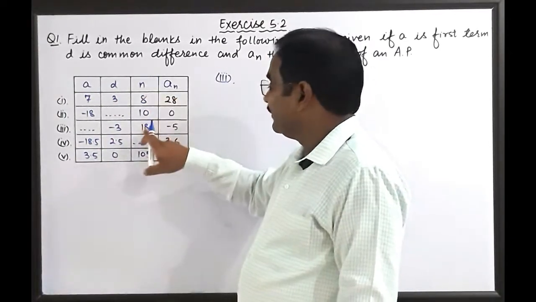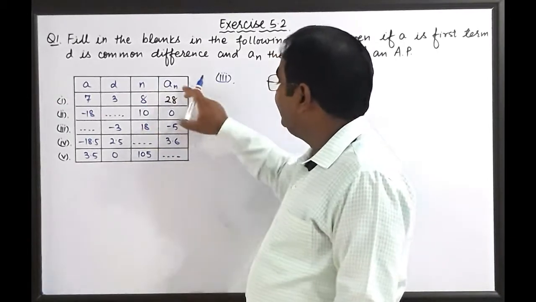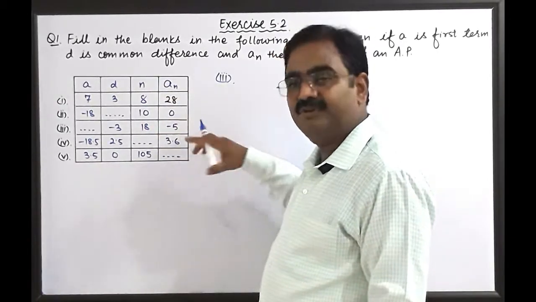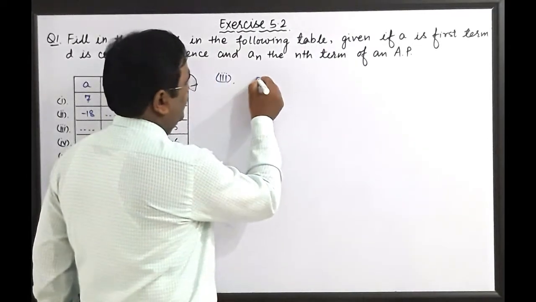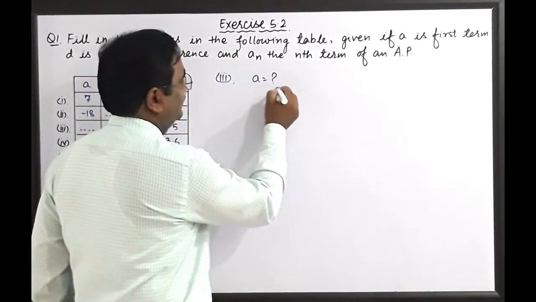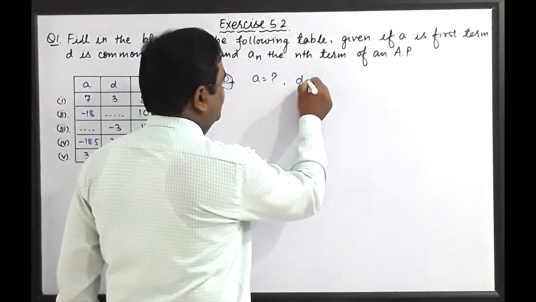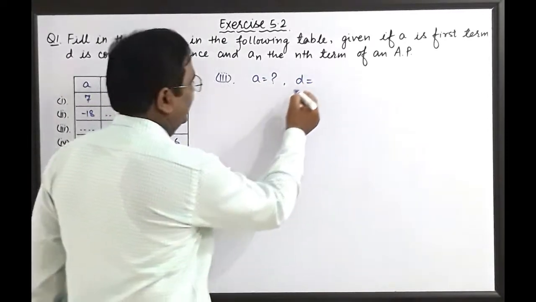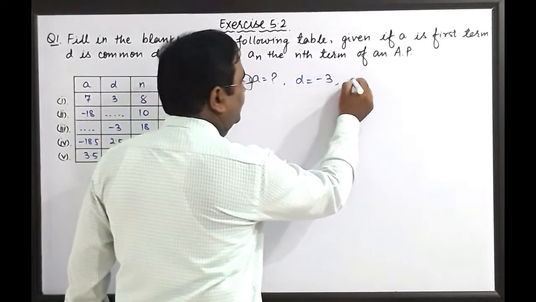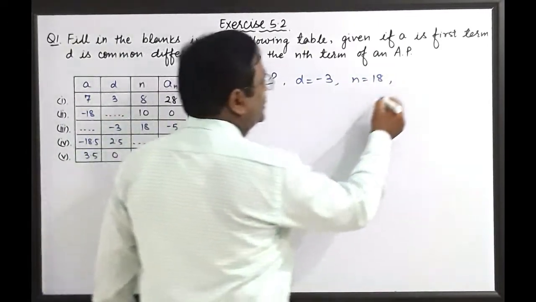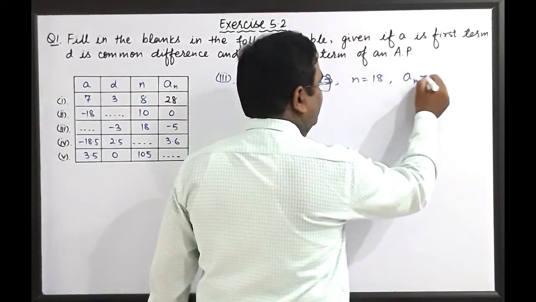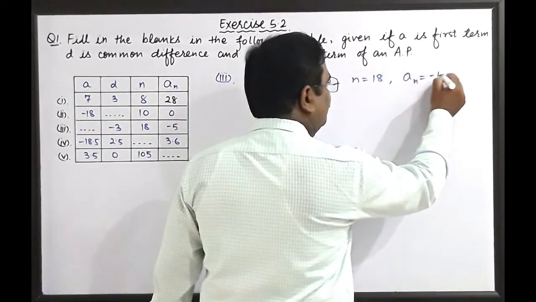The number of terms is given as 18, and the nth term is minus 5. So we have to write down: the first term is what is being asked, d, which is the common difference, is minus 3, the number of terms is 18, and the nth term, which is an, is minus 5.